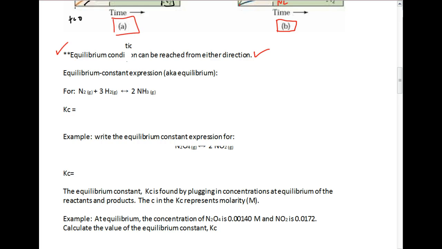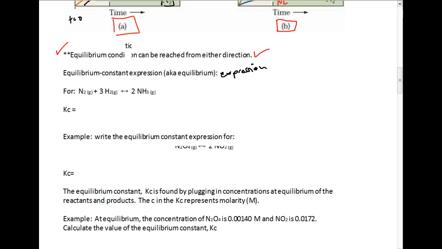So let's get into some of the calculations and the ideas behind this equilibrium. First off, we have an idea called the equilibrium constant expression, also known as the equilibrium expression. For concentration, we use the idea of Kc.